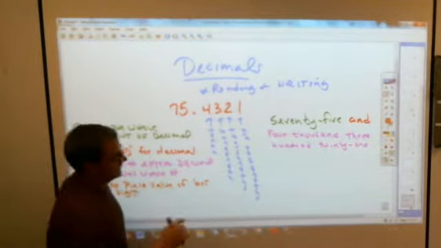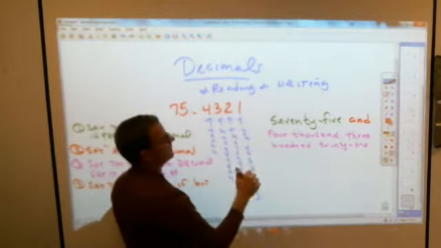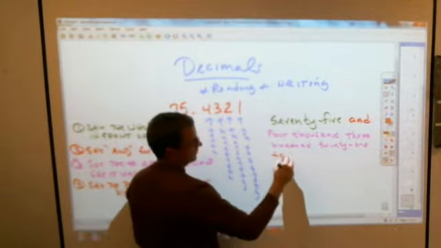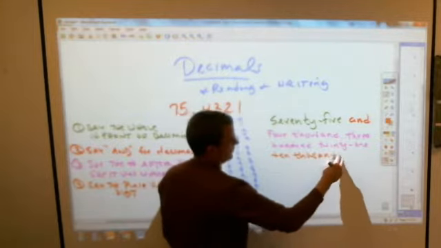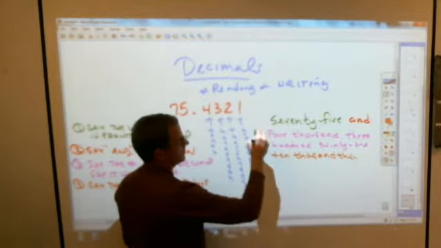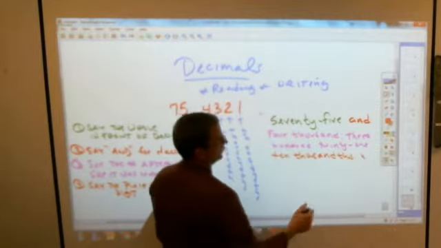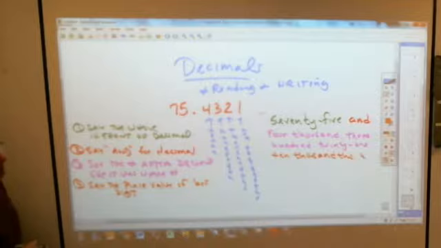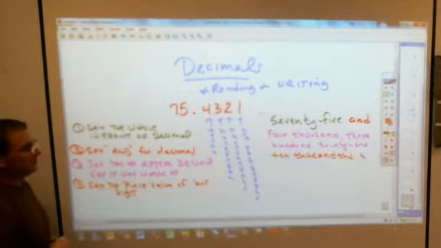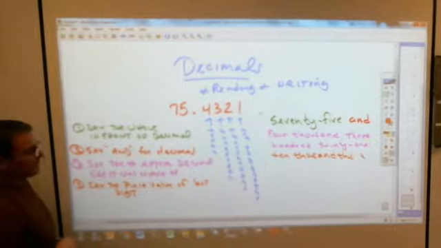The last digit in this number is in the 10,000ths place. So you write down 10,000ths. My number written out is 75 and 4,321 10,000ths.